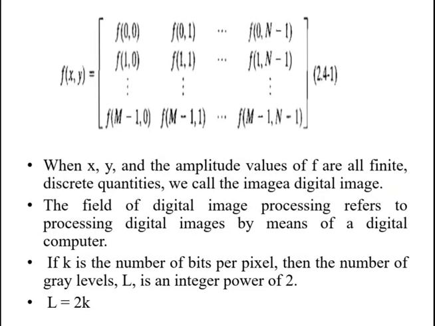The sampling process may be viewed as partitioning the xy plane into a grid, with the coordinates of the center of each cell in the grid being a pair of elements from the Cartesian product Z squared, which is the set of all ordered pairs of elements zi and zj, with zi and zj being integers from Z. Hence, f of x, y is a digital image if x, y are integers from Z squared, and f is a function that assigns an intensity value, that is a real number from the set of real numbers R, to each distinct pair of coordinates x, y.